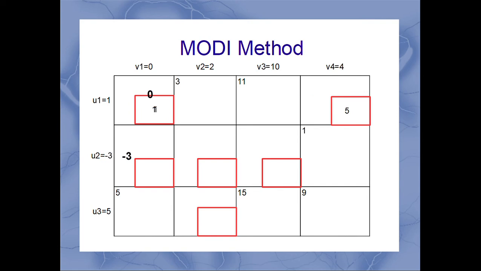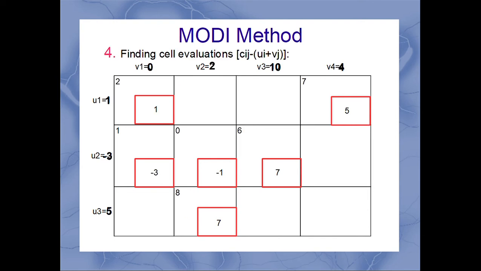Likewise minus 3 plus 0, which is minus 3, and here minus 3 and 2, which is minus 1, and here minus 3 and 10, so 10 minus 3 equals 7, and here 5 plus 2 equals 7. Okay, and what is the next step?